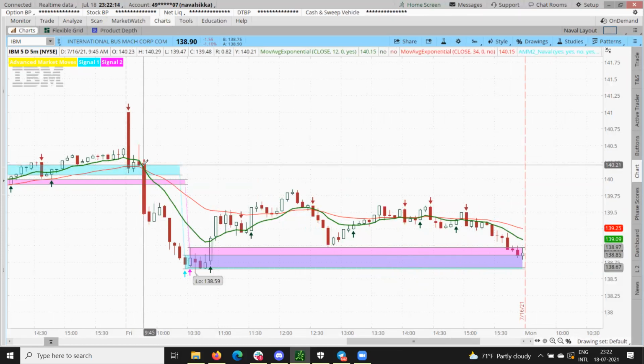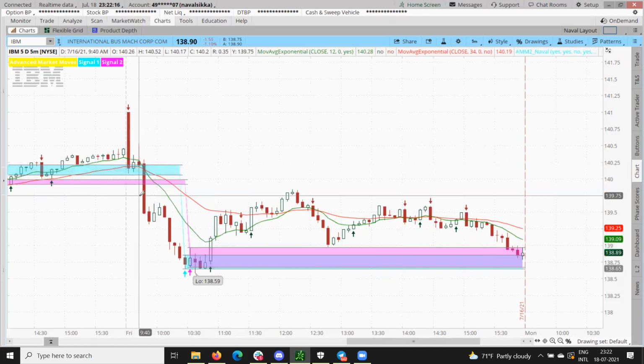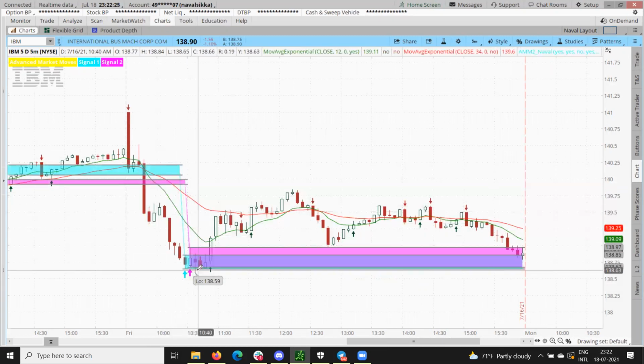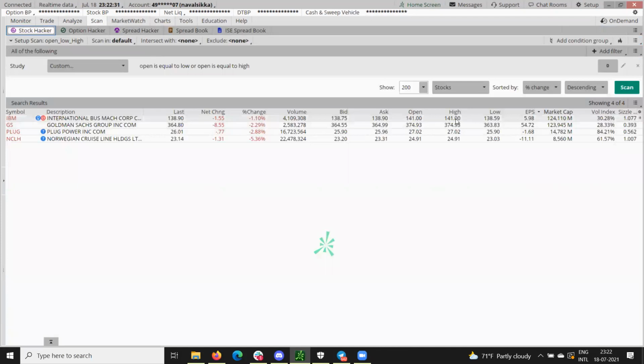It was open equal to high, and the low here was 140. Even if you shorted at 140 at this time, it went down to 138.59. So almost 1% gain just by following that simple scan where open equals high.